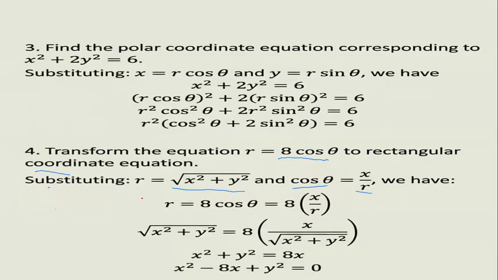So now we're going to do some substitution. Where we see r, we write root x squared plus y squared. So we replace r with this value, equal to 8, and where we have cos, we substitute x divided by r. So x divided by r, well, we replace r with root x squared plus y squared.